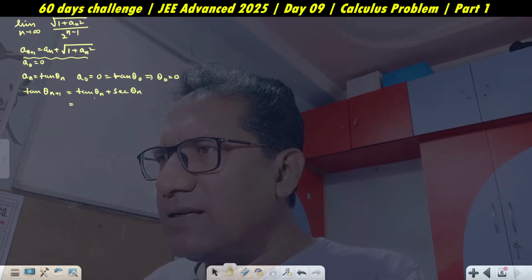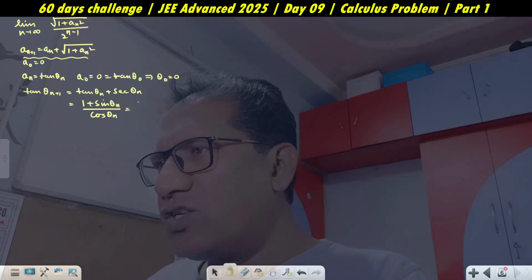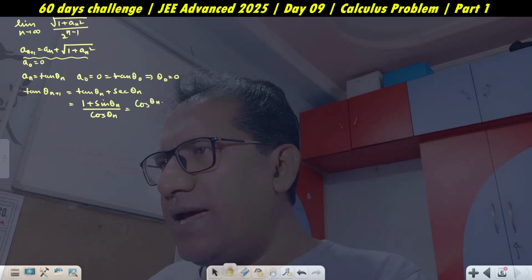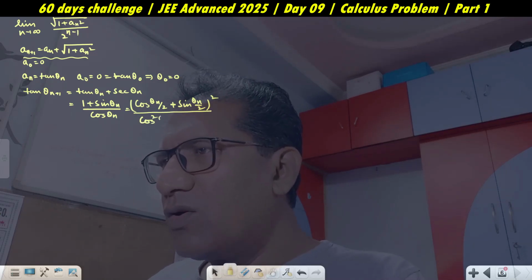If I simplify the right hand side, we get (1 plus sine theta n) divided by cos theta n, which is (cos theta n by 2 plus sine theta n by 2) whole square divided by (cos square theta n over 2 minus sine square theta n over 2).